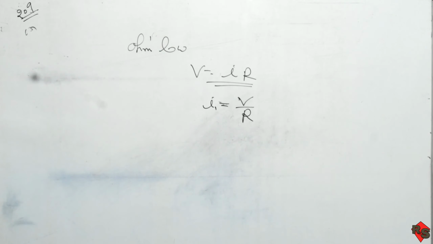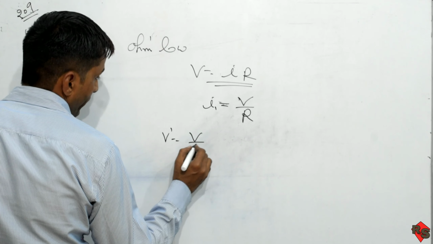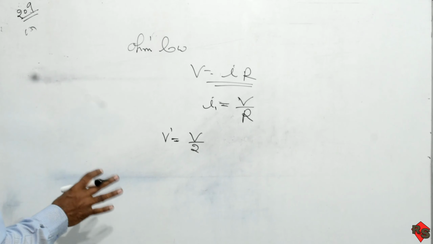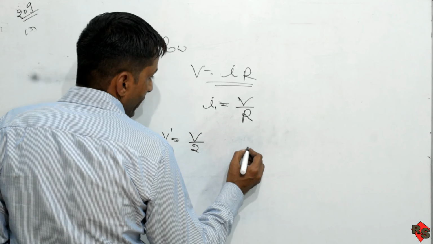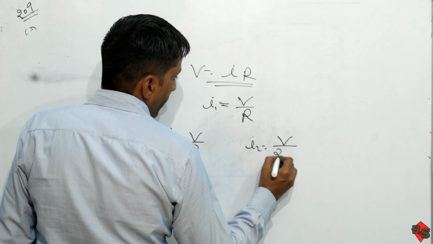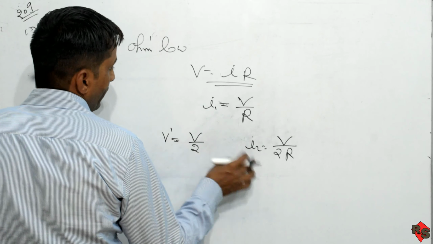Now the potential difference across the two ends of the component decreases to half. Now V dash equals V by 2, and the resistance is constant. So we can say I2 is equal to V by 2R. Clear? So what is the change of current?